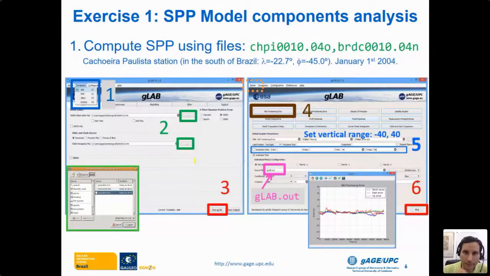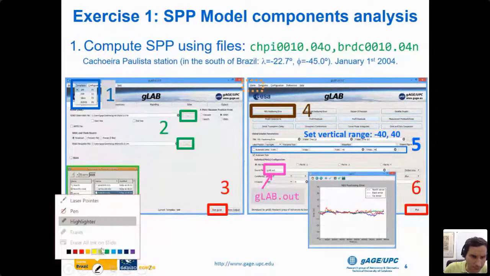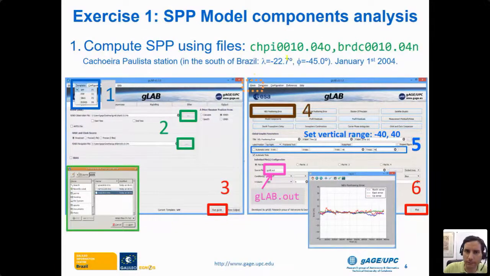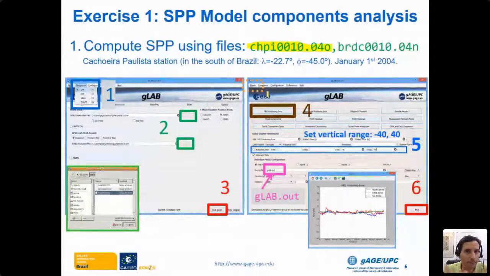Okay, so this is the first exercise. We will be using two files. We will be using a file that is a RINEX file. Remember that the measurements generated by the receiver are stored following a standard format.